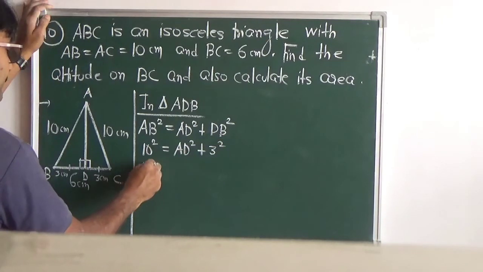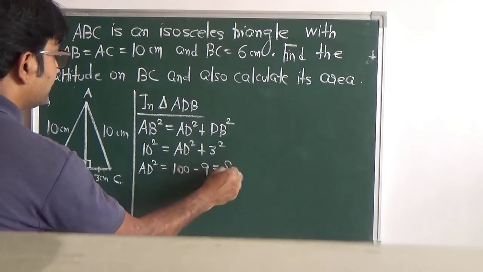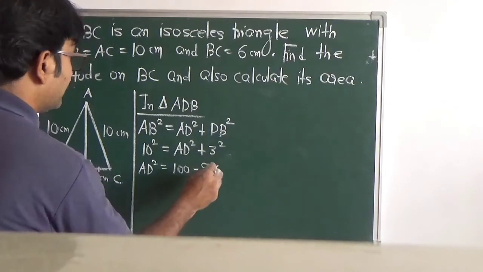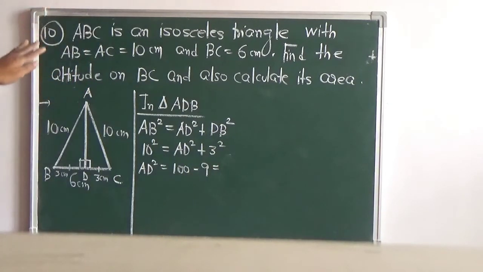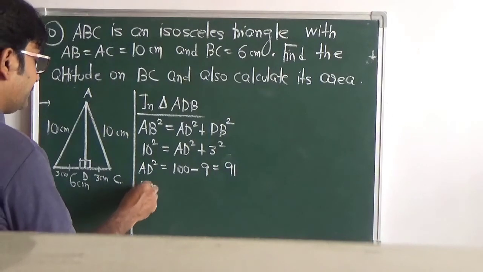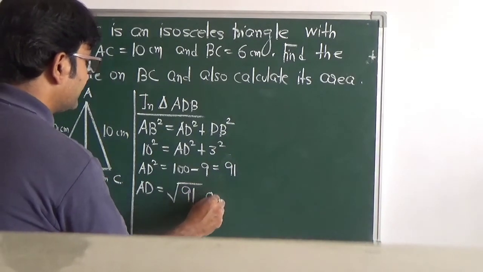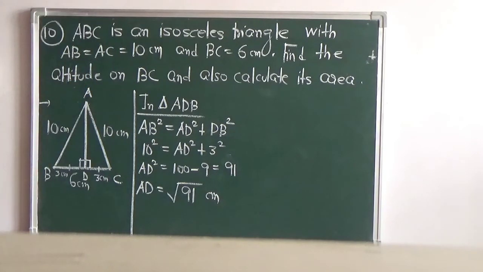So AD square is equal to 100 minus 9, and that is coming to 91. So the length of the altitude is root over 91 centimeters.